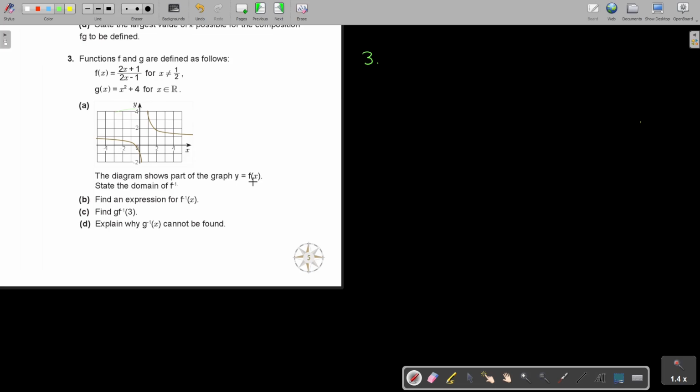But first, let's start by saying, you can see the range from the graph. So the range of f(x), you can see from the graph, is going to be y, all real numbers, but can you see it cannot cut that line? So y will just not be equal to 1. That is the range.